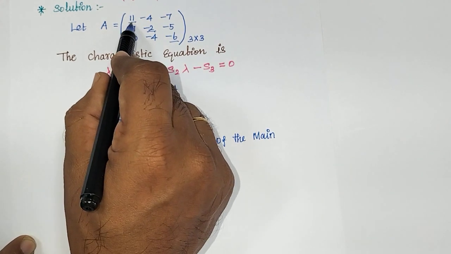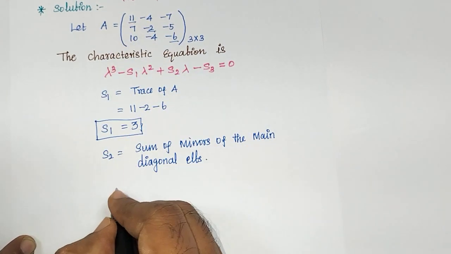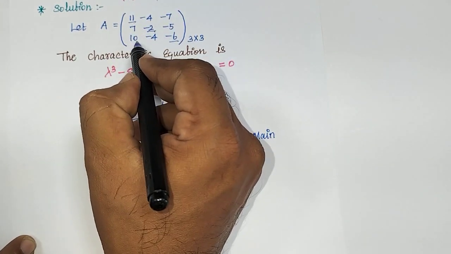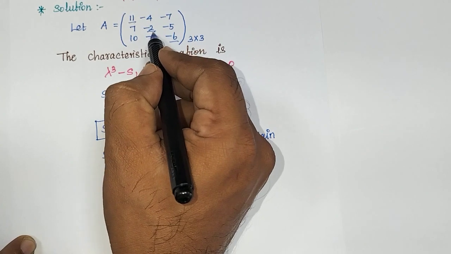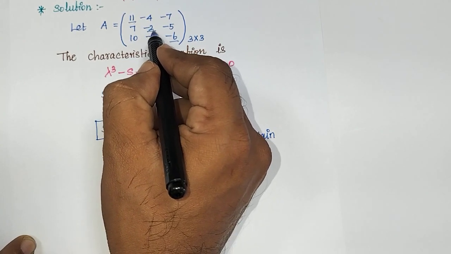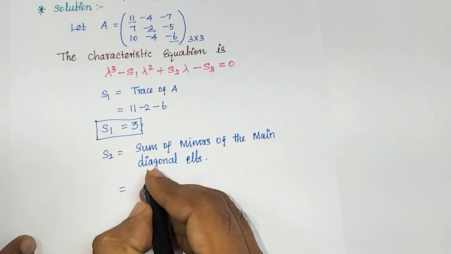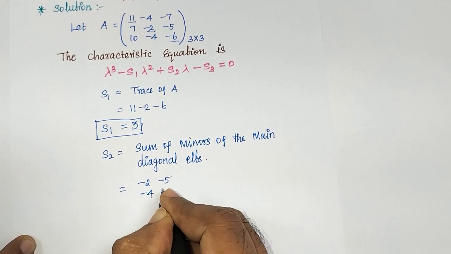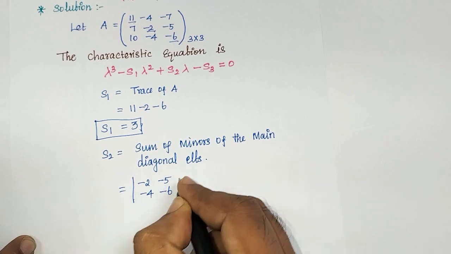So based on these diagonal elements we have to find the minors. First I am using 11. That means this row and this column you can omit. The remaining values you can write in determinant form: minus 2, minus 5, minus 4, minus 6.